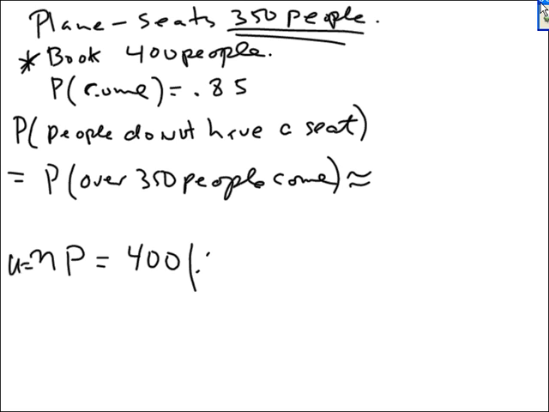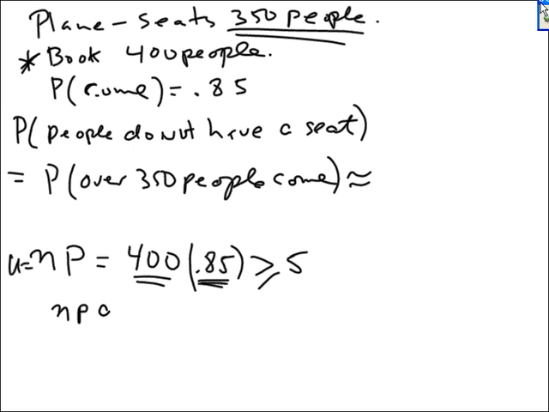The probability that they come, well, if you start thinking a bit, not running for your calculator, is more than 10%. 10% of 400 is 40. 1% of 400 is 4. We have way, way over 1%, 85%. So yes, it's going to be way, way over 4. It's going to be 340, actually.